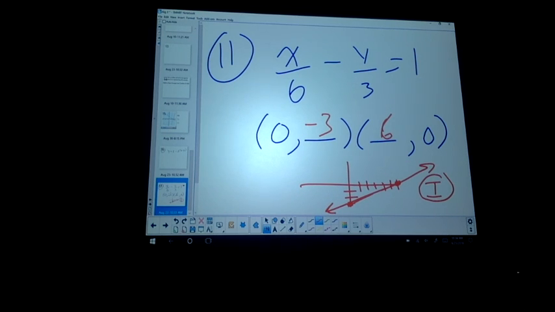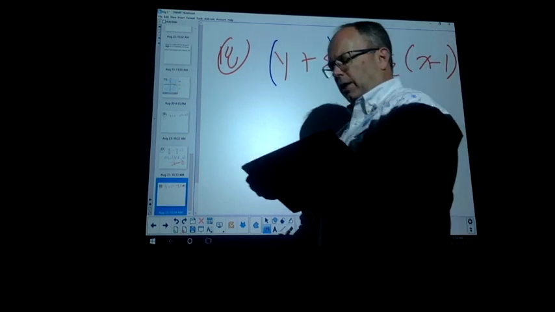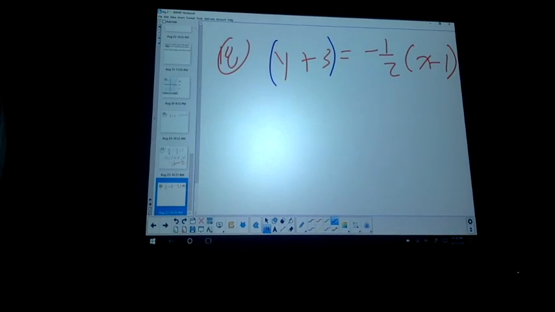18. Down there, right? That's y plus 3 equals negative 1/2. Okay, so this one is in point slope form. Please understand we're being lazy when we do this. That technically should be in parentheses. So the point we're going to deal with is going to be opposite of this.